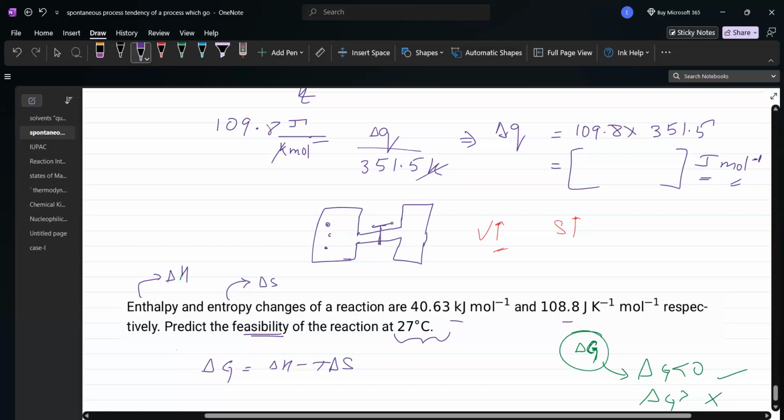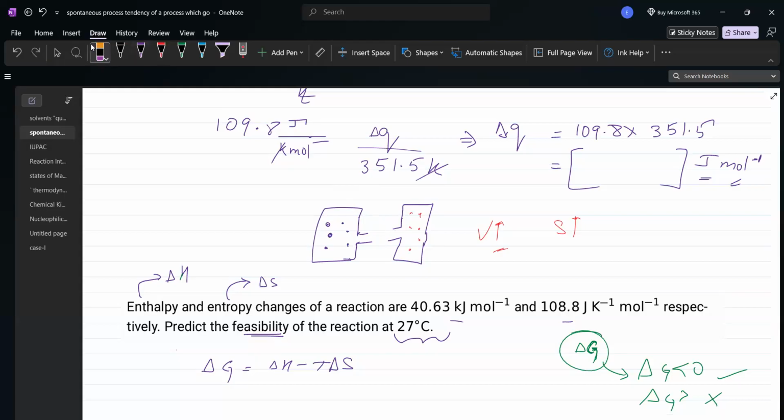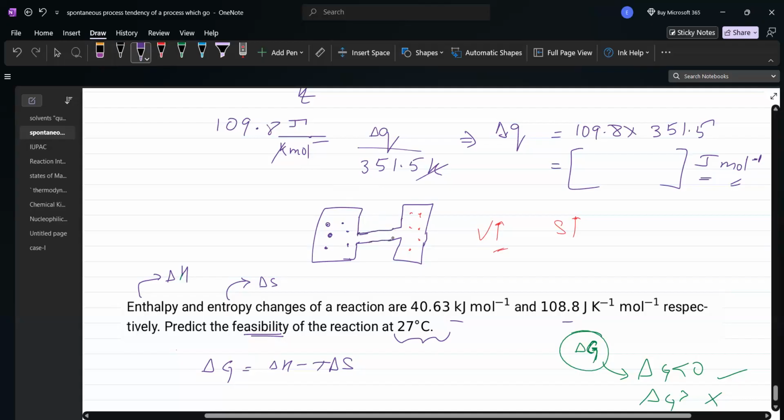Before mixing, gaseous molecules are present in their respective containers. We will remove this cork, and now no one can stop the molecules from moving from this container to the other, and from the other to this one.